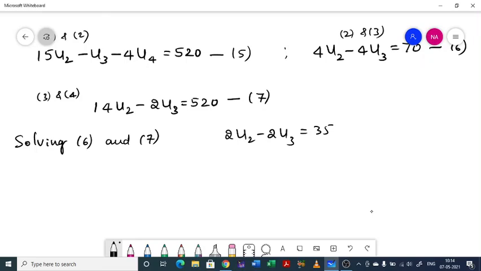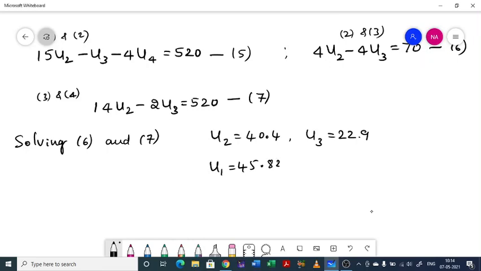Okay, sorry, let us solve, and finally solving equation 6 and 7, we will be getting these values: u2 equal to 40.4 and u3 equal to 22.9. Substituting these values, you may get u1 equal to 45.825 and u4 equal to 15.825.